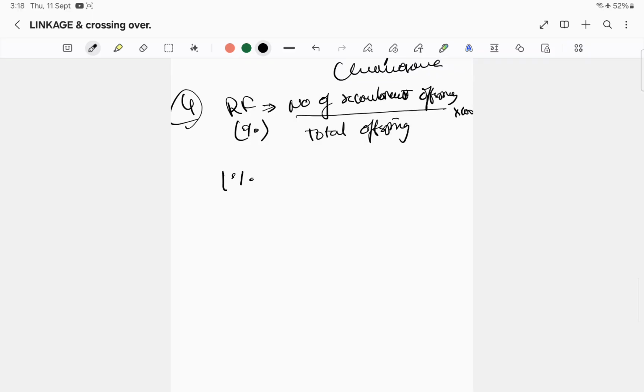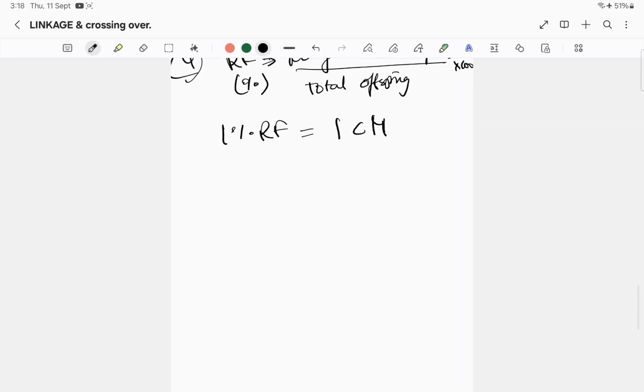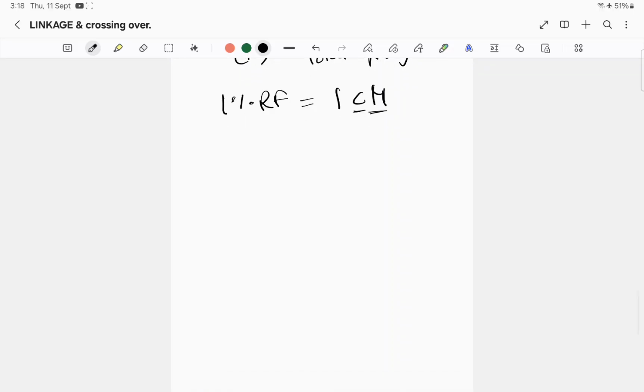By definition, 1% of recombination frequency equals 1 centimorgan. Always remember one point while writing centimorgan: the c is a small letter and the M is a capital, right?